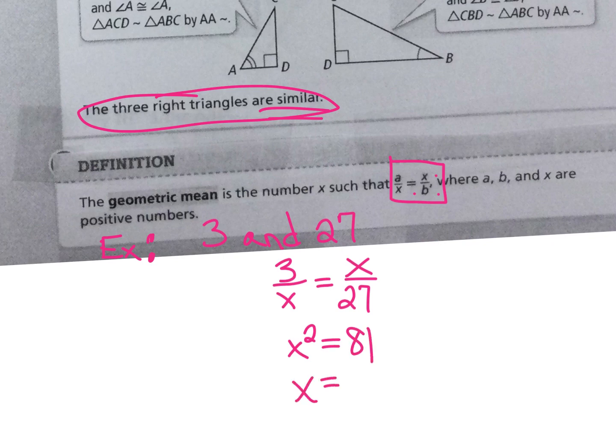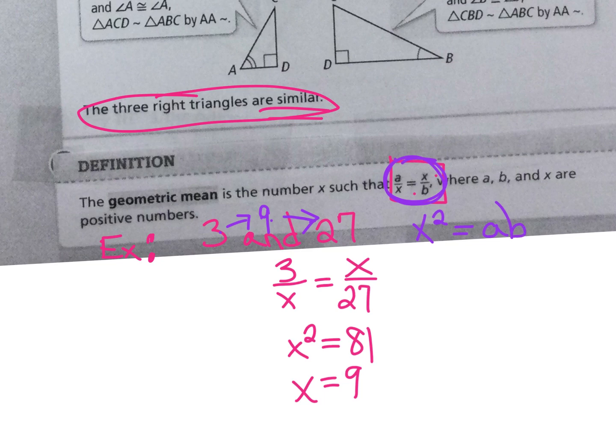So X equals 9. So if you think about that, that makes sense. 3 is to 9 as 9 is to 27. 3 times 3 is 9. 9 times 3 is 27. And if you look here, if you see the cross multiplication, X squared equals AB.